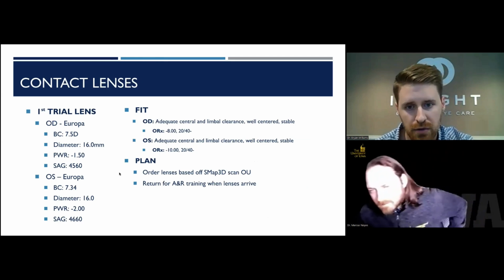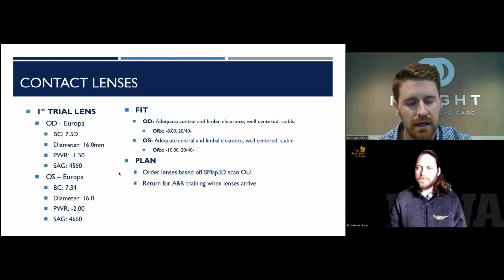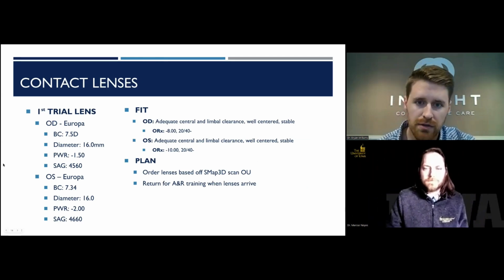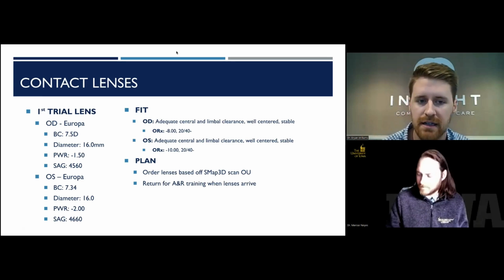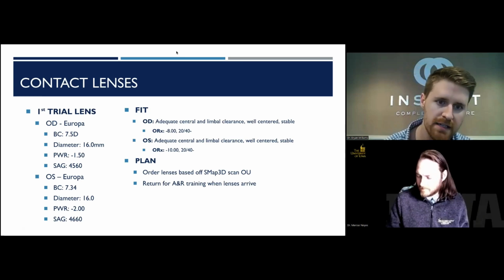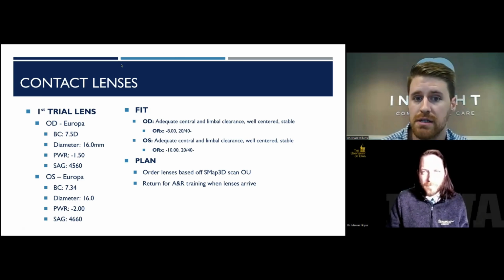If you're not familiar with the SMAP 3D scleral topographer, you map out the sclera of an eye in 3 different gazes. It gets out to roughly 21 millimeters in terms of the data set it collects, and we use that scan to design the first lens for the patient.